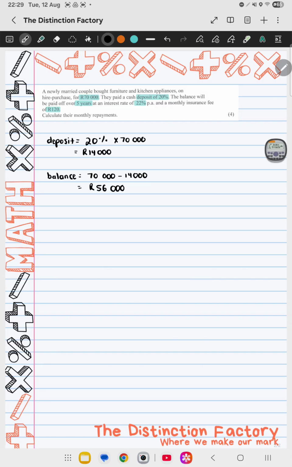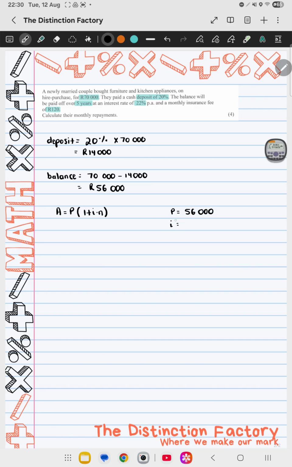Once we have that, we can go on to step 3 of our hire purchase, which is to calculate the total, including the interest. So for this, we will use the simple interest formula, A equals P, open brackets 1 plus I times N. Our variables will be the P value, that is the balance, because this is what we are getting charged interest on, of 56,000 Rand.